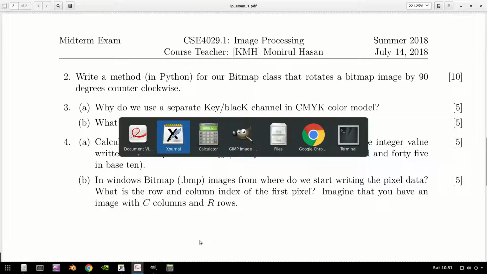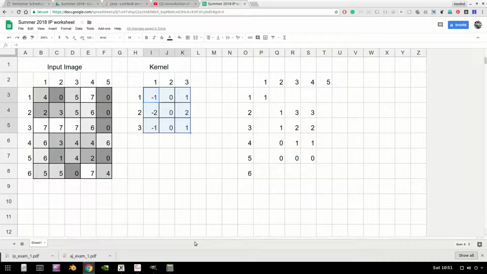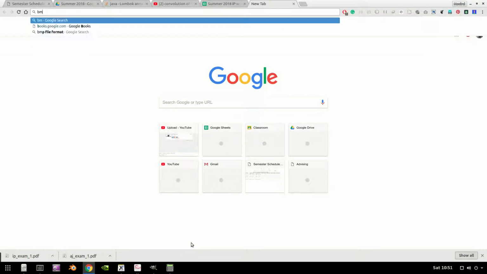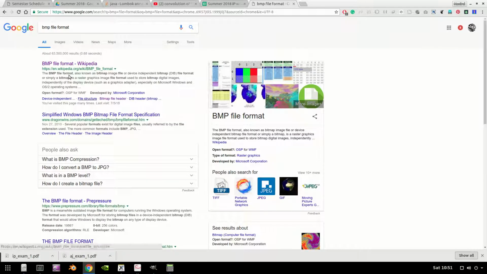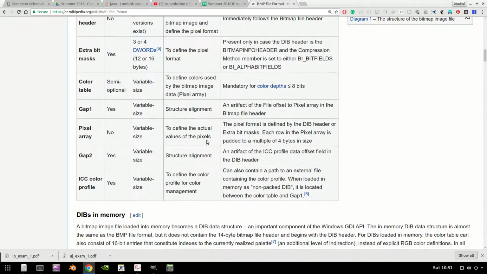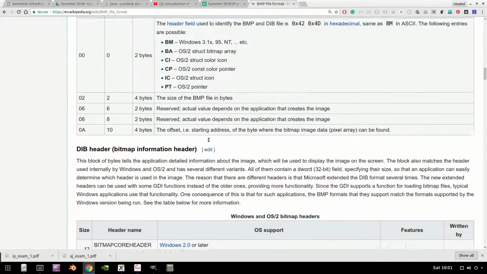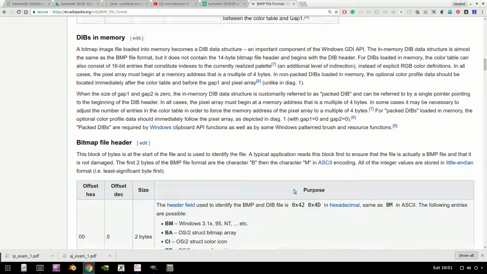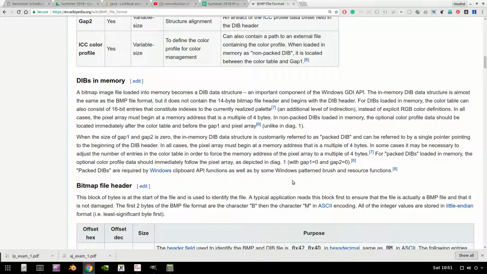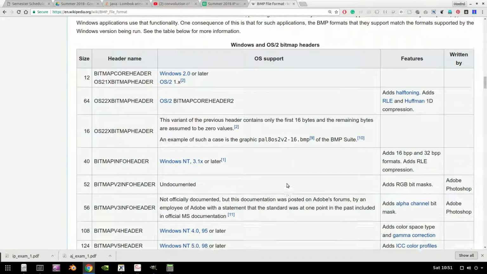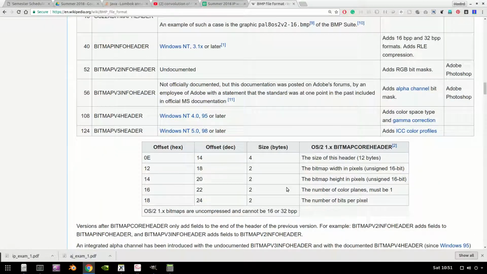Now the answer is right, but we've been looking at this Windows bitmap format, right? And here what we know is that we have a fixed number of bits for the header part.